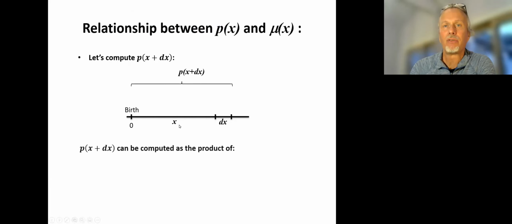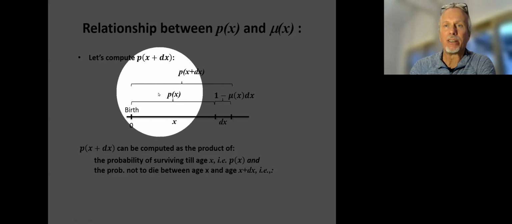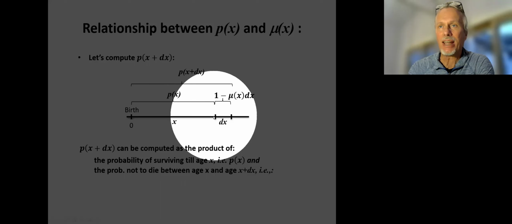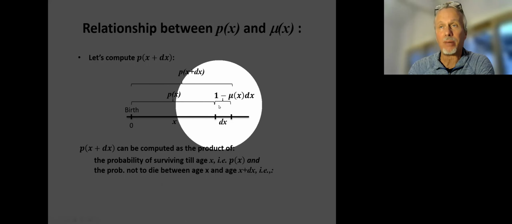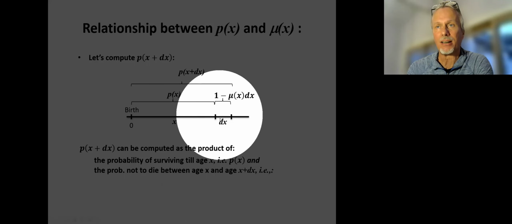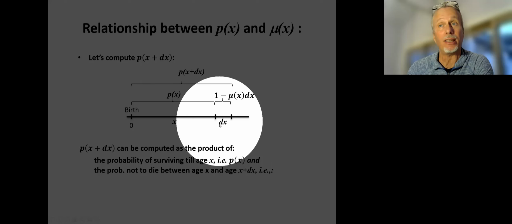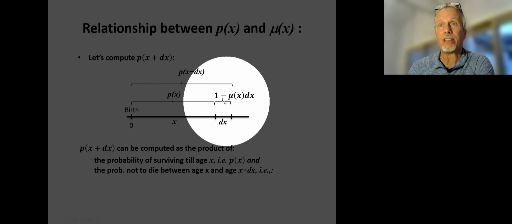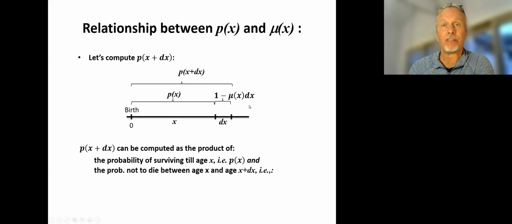Okay, so this can be computed as the product of two factors: the probability of surviving until age x times the probability of not dying in the little interval dx. This probability is equal to 1 minus mu of x dx, by definition.